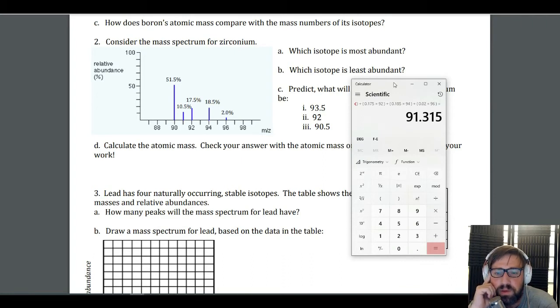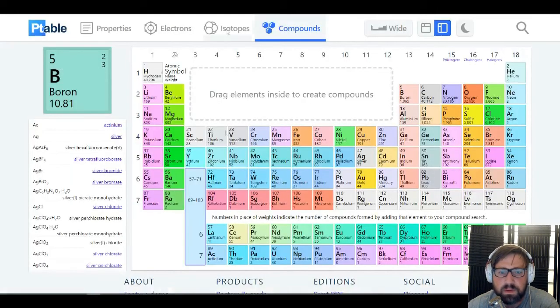Actually, it's pretty close to both of them. It was either 91 or 92. Did I mess up somewhere? One of the good things about showing your work is you can see if you flubbed up somewhere. Doesn't look like it. Nope. Nope. There it is. What is the atomic mass of zirconium? 91.2.